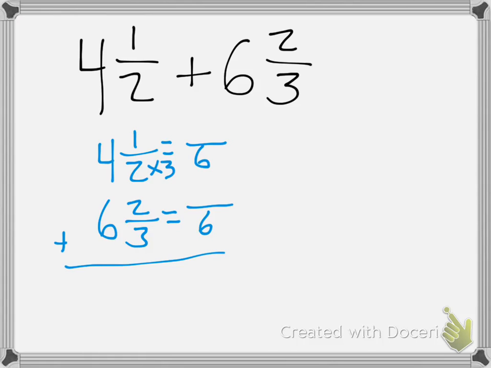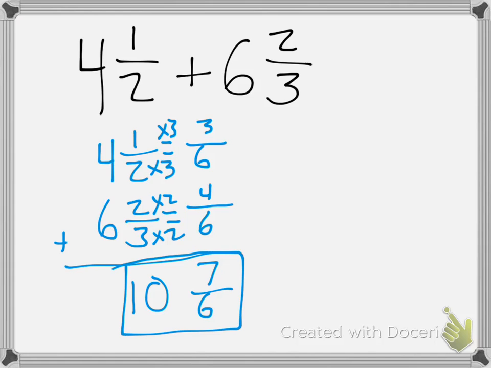I multiply by 3, do the same to the top, gives me 3. How did I get 6 from 3? I multiply by 2, do the same thing to the top, and I should have 4. And so now as I add, because it's an addition problem, 3 plus 4 gives me 7/6. 4 plus 6 is going to give me 10. 10 and 7/6 is your answer.